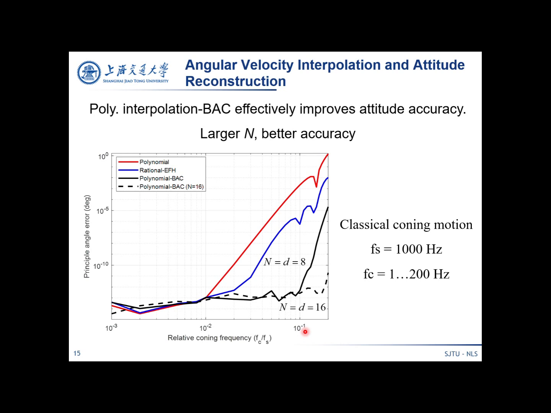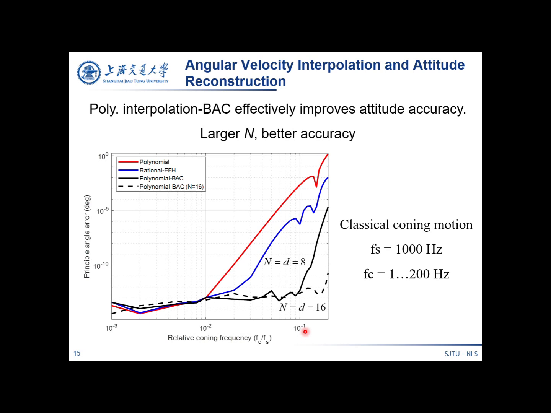The advantage of EFH rational and polynomial BAC interpolations is prominent, and notably, the polynomial BAC interpolation gains about 5 orders of magnitude in accuracy, as compared with the normal polynomial interpolation.